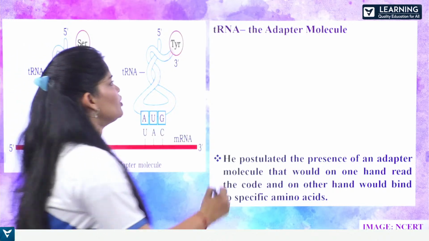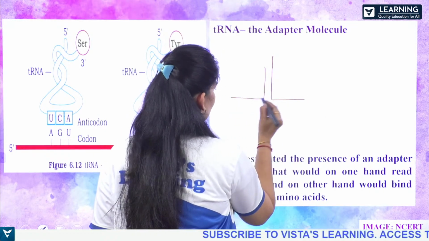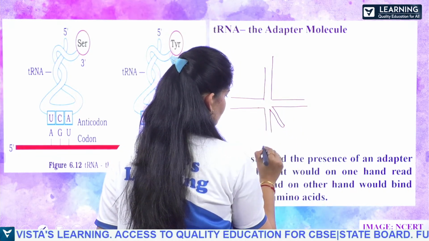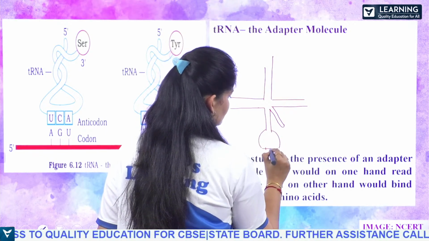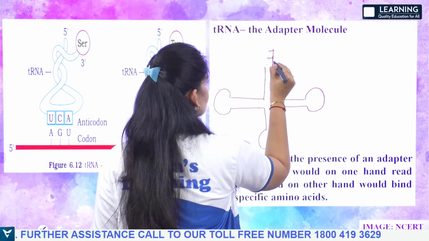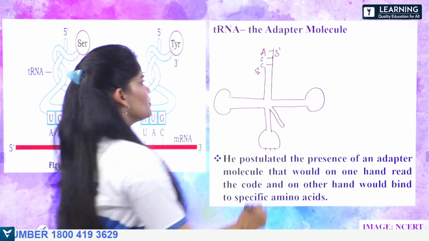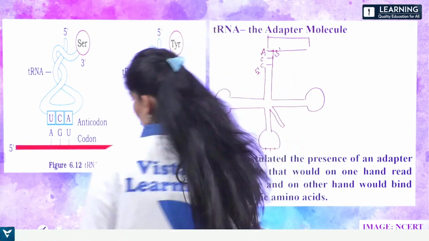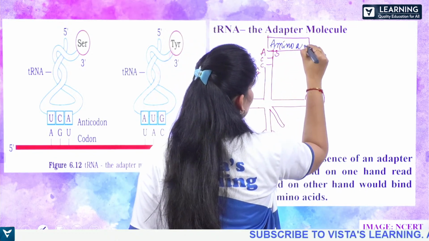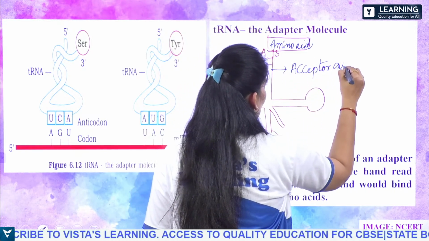Now, if you look at the tRNA structure, here is the arm which binds to the amino acid, and that is what we call the acceptor arm.